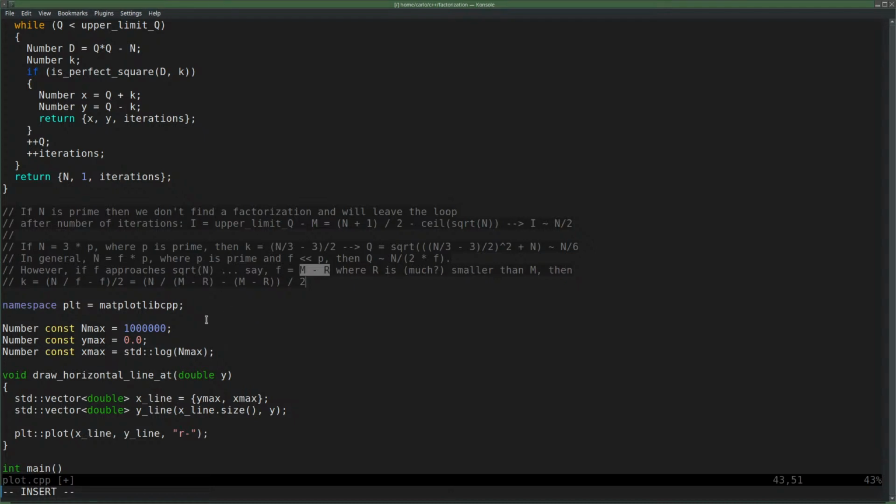Probably should multiply this with M minus R. So K times M minus R equals N minus M minus R squared, divided by 2.